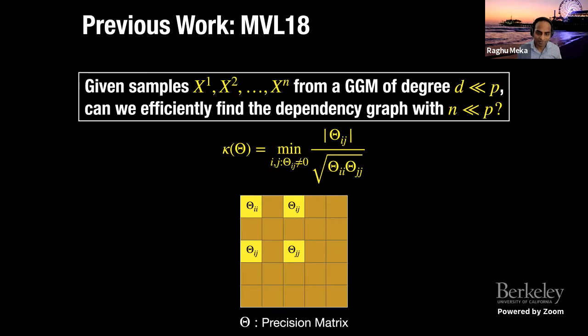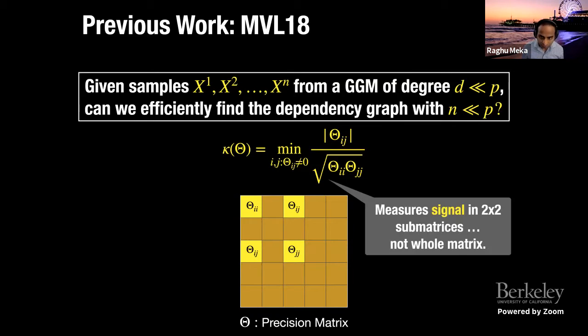And kappa of theta, where theta is the precision matrix, remember. You look at any non-zero entry in your precision matrix and you try to check what's the signal strength on this edge. How big is this off-diagonal entry with respect to the two corresponding diagonal entries, right?